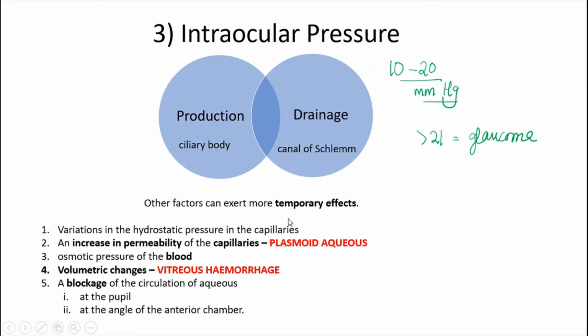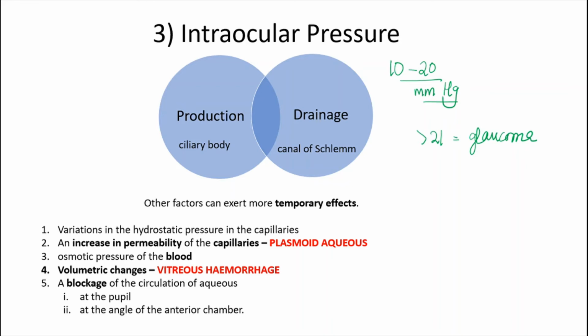Other factors can exert a few temporary effects. What are these? First is variation in the hydrostatic pressure in the capillary and an increase in permeability of the capillaries. I told you that the retinal capillaries are relatively impermeable to large molecules.